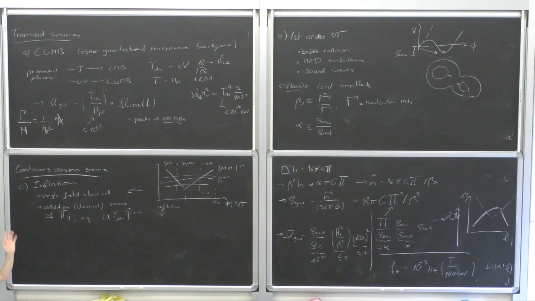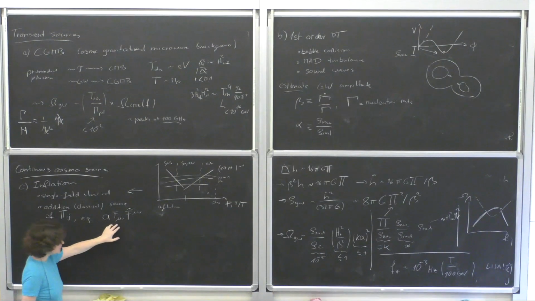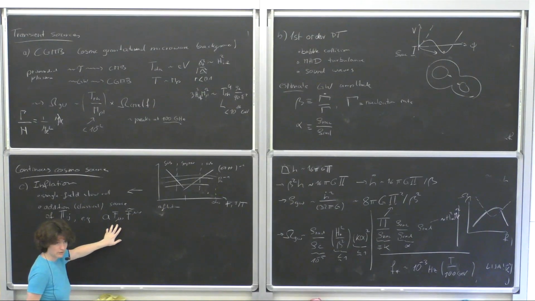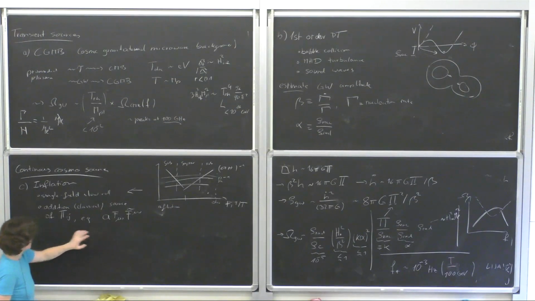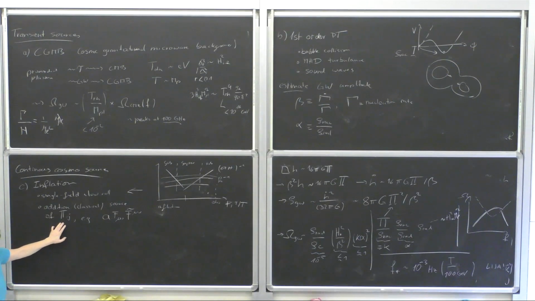So who cares if there were particles? They just get diluted away. Here, since you're producing them exponentially, you do care, because despite the expansion of the universe, these guys remain a significant contribution to the energy density of the universe. And they can significantly source this pi_ij. And so they can give you a significant contribution to the gravitational wave spectrum from inflation.